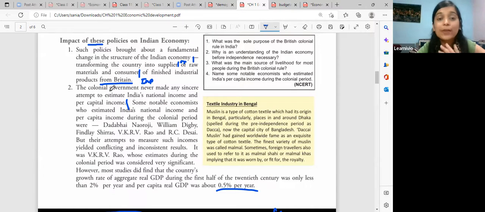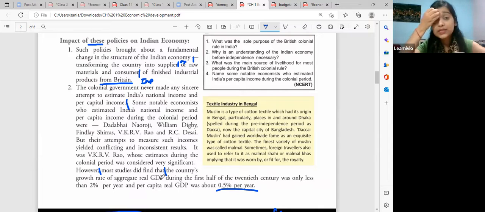So what you are going to write: colonial government never made any sincere attempt to estimate India's national income and per capita income. Just write that the country's growth rate of aggregate real GDP. You will study these terms in the national income chapter in macroeconomics. For the time being, just remember it's related to income, what the country is earning and what the growth rate is.